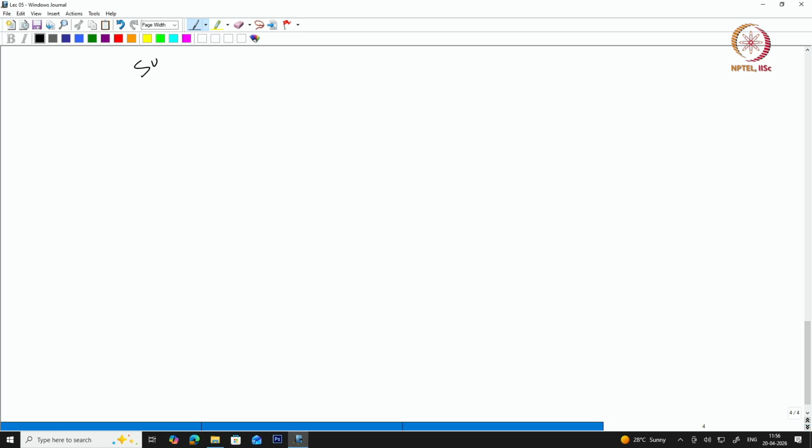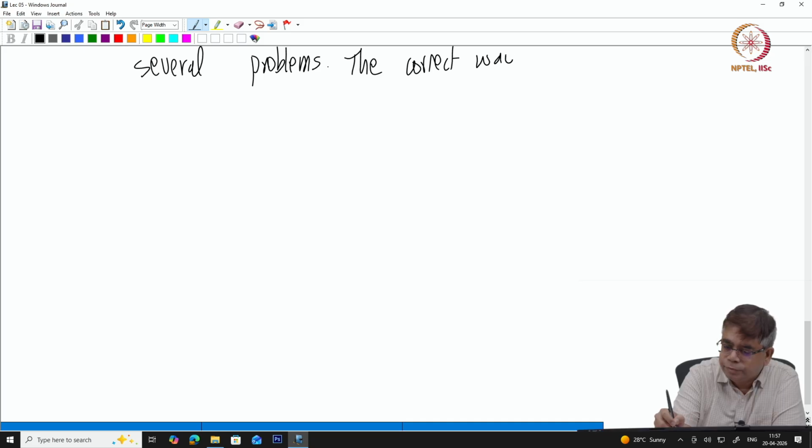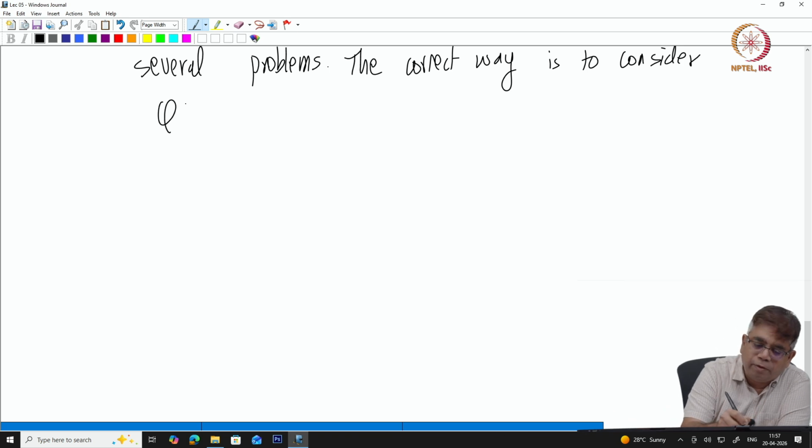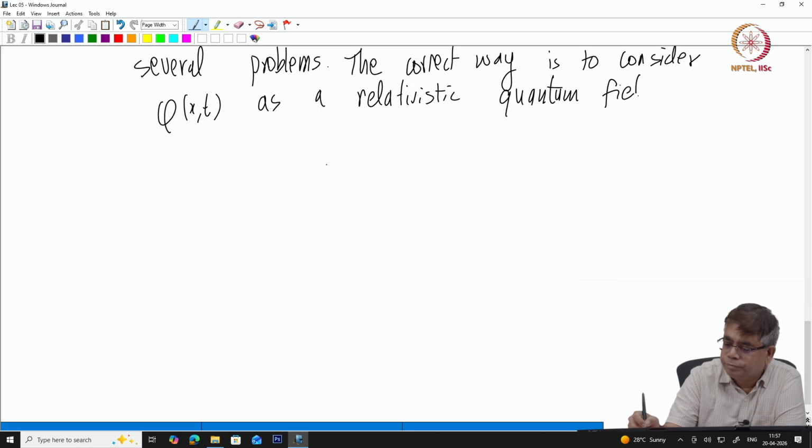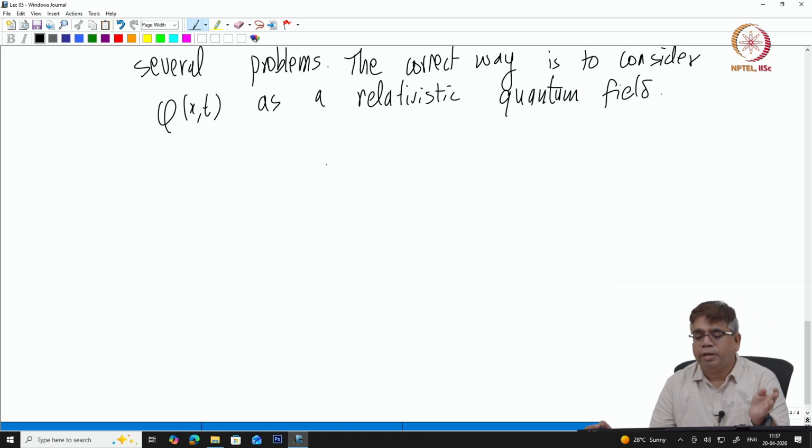It leads to several problems. So, we should not concentrate on that, but the correct way is to consider phi of x, t as a relativistic quantum field, which here we write in terms of a series of harmonic oscillators, for a real scalar field essentially.